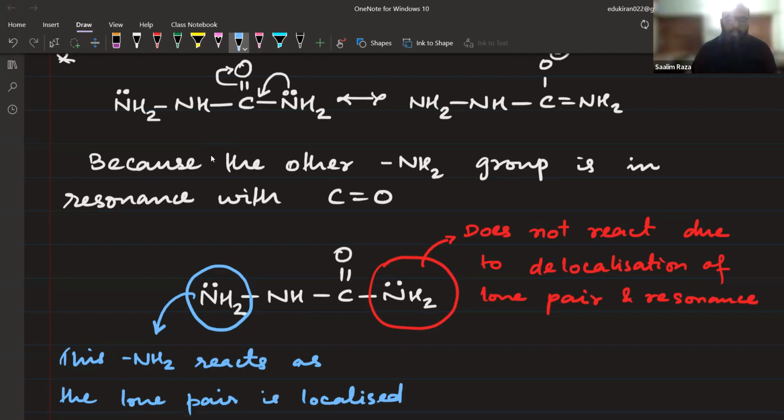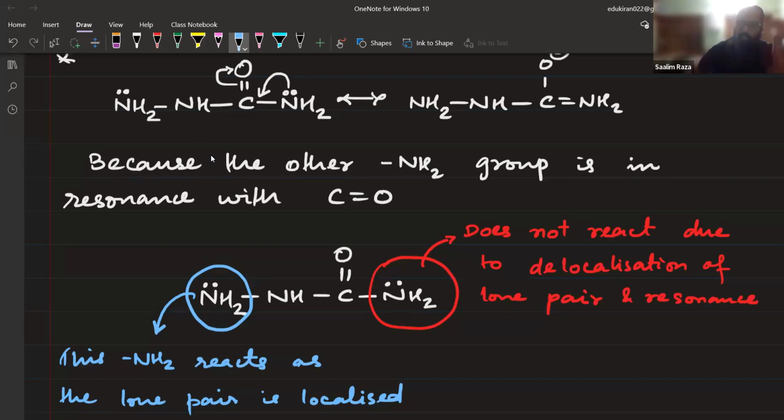If you know something, you can write anything. अगर आपको पता है क्या हो रहा है, then you can write whatever way you want. CBSE will give you marks. Don't worry about it. अगर आपको समझ नहीं आ रहा कैसे लिखना है, so you will make the diagram. This one does not react, this one reacts. इतना लिखिए बस काफी हो जाएगा. इतना क्लियर है सबको? हाँ या जल्दी बताएं.